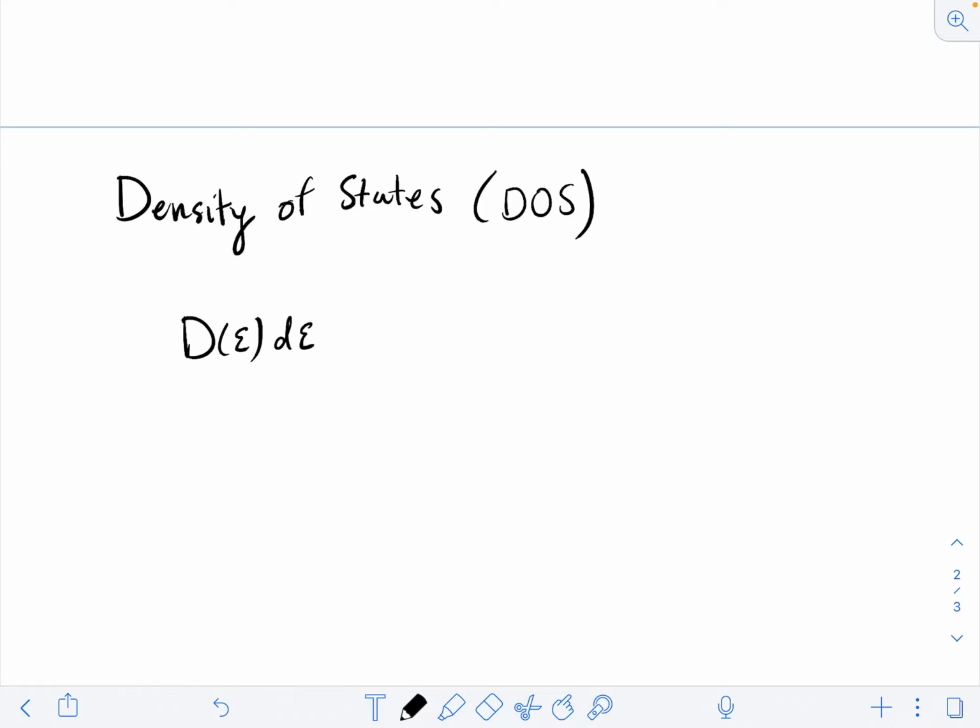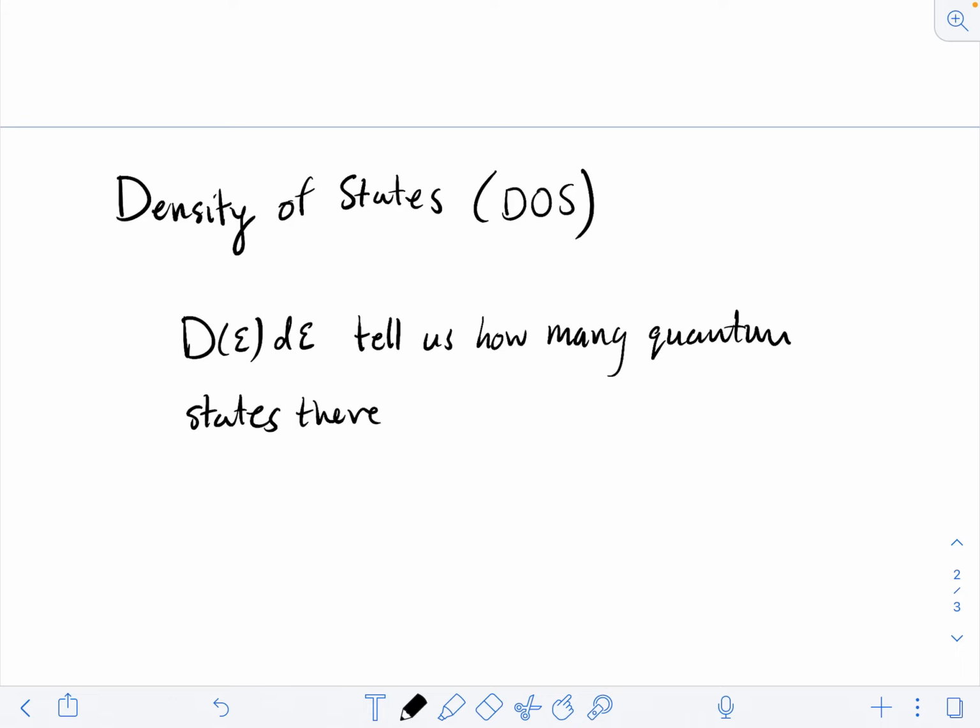If we take D of epsilon and multiply by d epsilon, this quantity tells us how many quantum states there are between energies of epsilon and epsilon plus d epsilon.